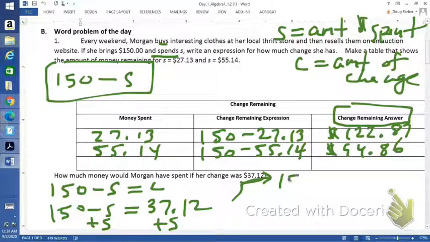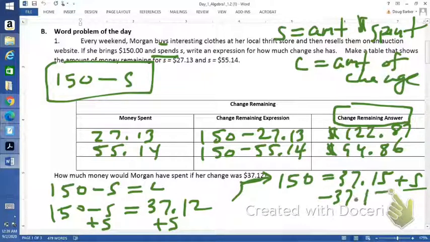So that gives me 150 equaling 37.12 plus S. You cannot combine like terms because 37.12 doesn't have a variable S with it. Alright, got to get this by itself now, so I'm going to subtract $37.12 from both sides.